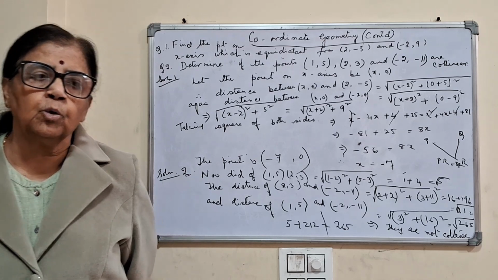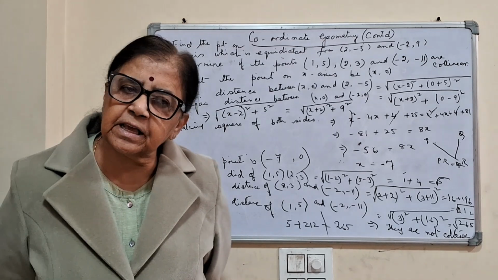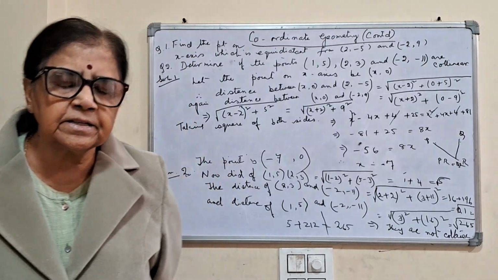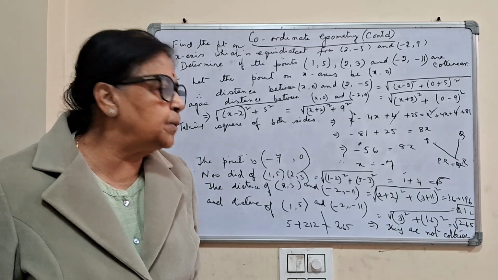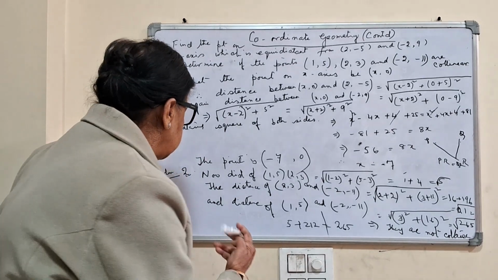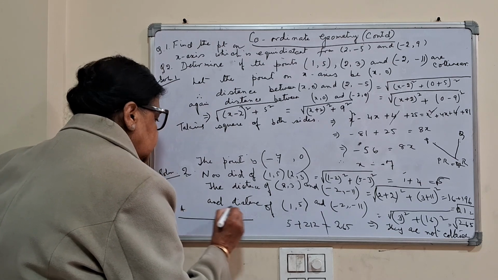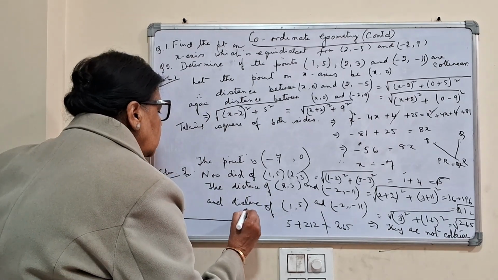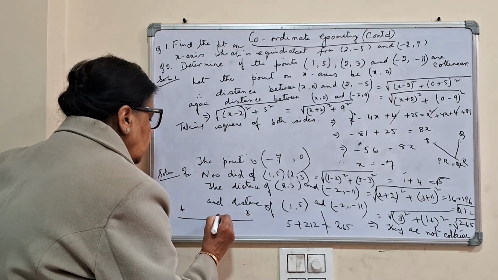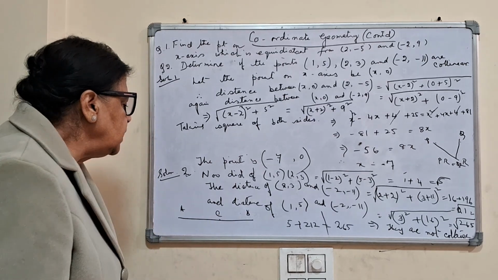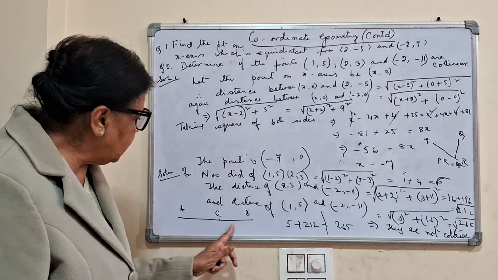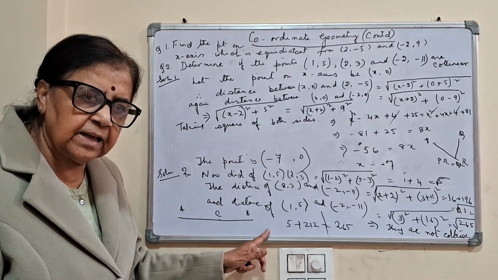Have you followed what collinear means? They are on the same line. Collinearity: if A, B, C are 3 points, collinear means they are on the same line.